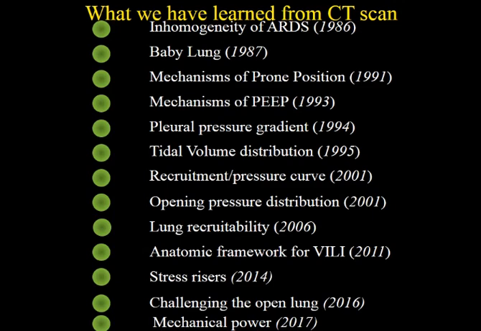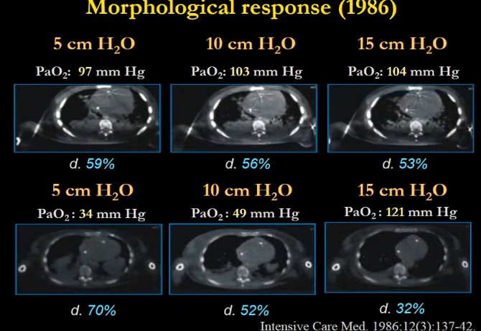Personally, we started with this, under the input of a colleague who was doing CT scans in ponies, little horses, during anesthesia. So we wanted to see what happens in our ARDS patients, because all our patients were under anesthesia and paralyzed.